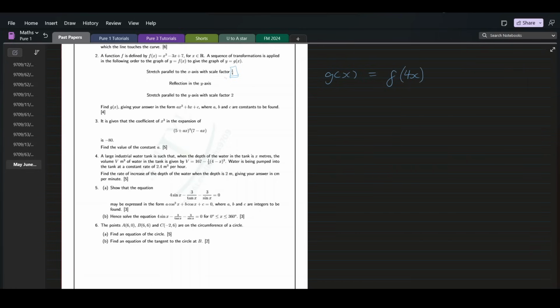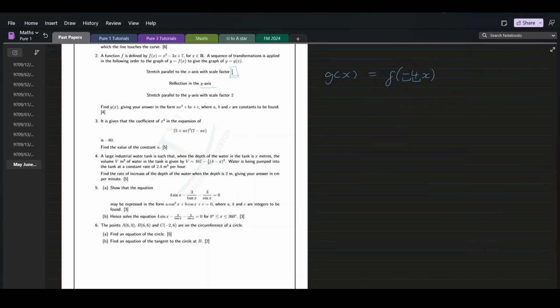And then we've got the second transformation, which is a reflection in the y-axis. That means we actually have to multiply that by a negative sign. So let me just erase that and write it properly. So it would be f of negative 4x. So this negative sign is the reflection. This 4 is our stretch in the x-axis.